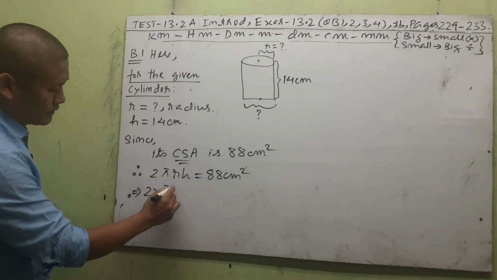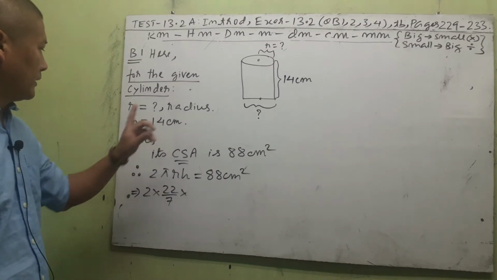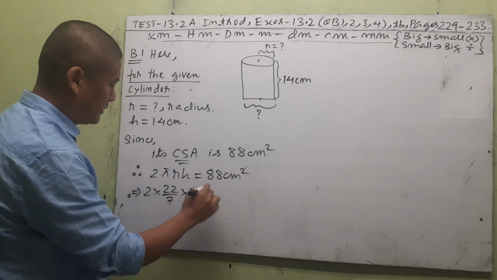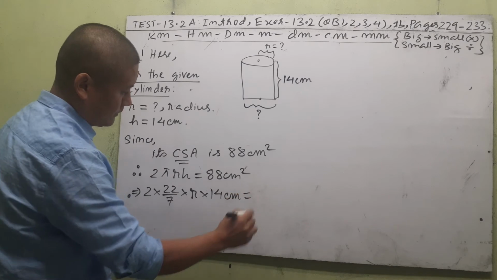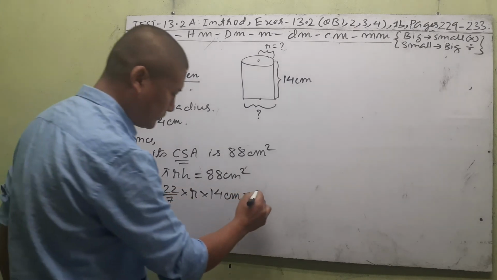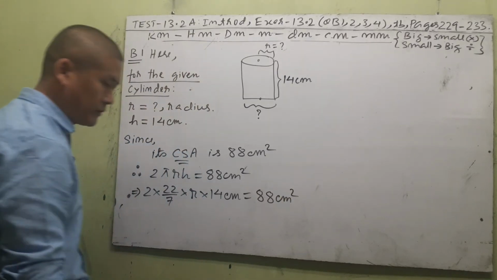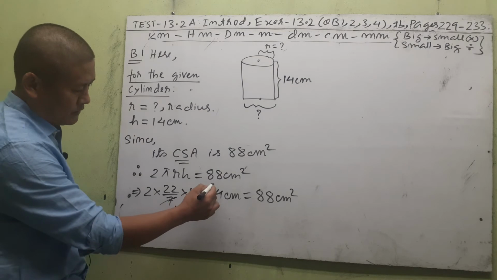However, pi value is not given, we're going to use 22/7. And r is not given here, so we just write that. r into h, given here 14 centimeter, then equal 88 centimeter square. So 7 1s are 7. We clearly see this is cancelling. 7 2s are 14.